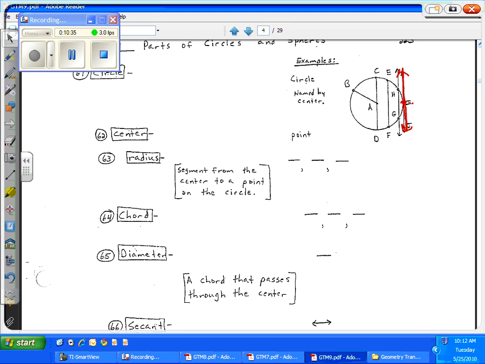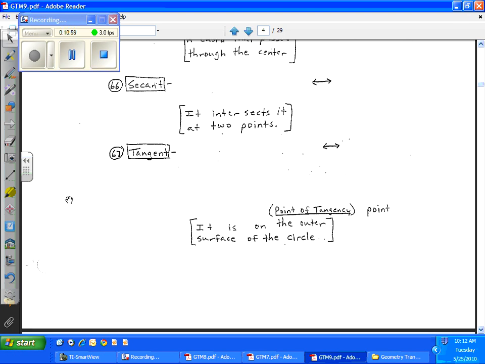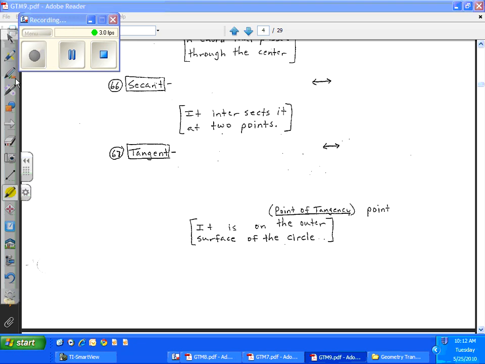That point at which that tangent line intersects the circle, we call the point of tangency. So line IJ is a tangent to the circle, and point I is the point of tangency.